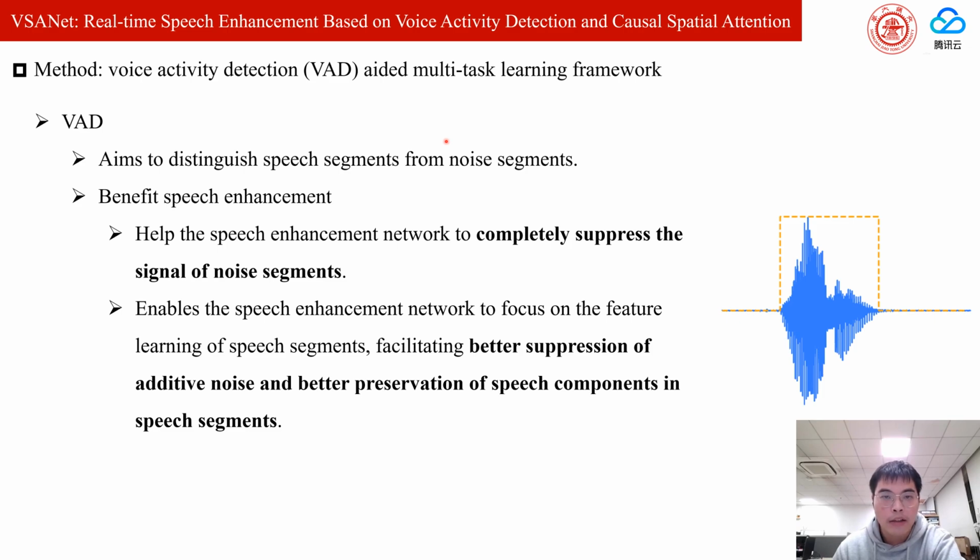Specifically, correct labeling of speech and noise segments can help the speech enhancement network to completely suppress the signal of noise segments. Besides, it also enables the speech enhancement network to focus on feature learning of speech segments, facilitating better suppression of additive noise and better preservation of speech components in speech segments.